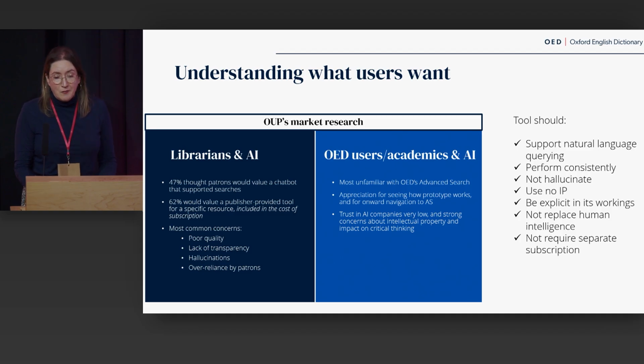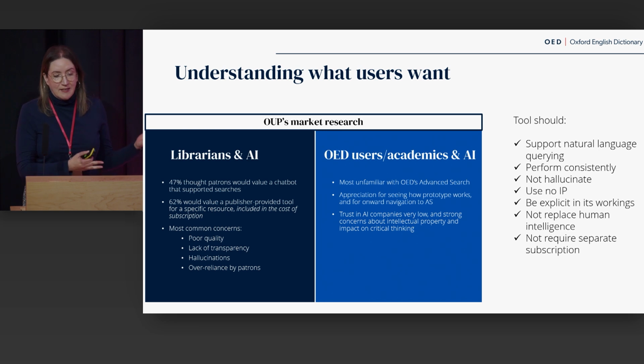So we could be reasonably certain from that that building an AI tool to support search was the right thing to do. The next step was to build a prototype and define its functionality. We knew we wanted to make search easier and offer an alternative to the complex navigation of advanced search. This led us towards allowing users to submit questions in natural language, but we didn't necessarily want to get natural language back from the tool.